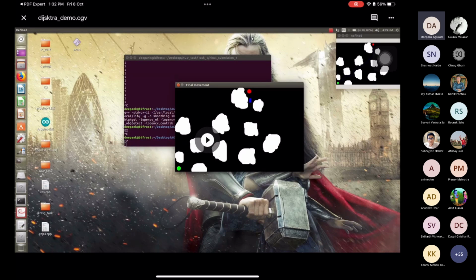It has to start from the green point and reach the red point. It also has to avoid these white obstacles which are in the path, and it should reach there with the least distance.